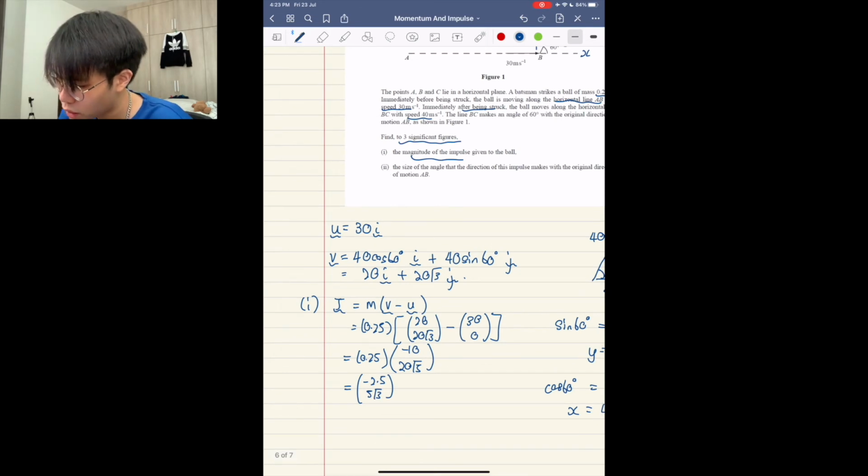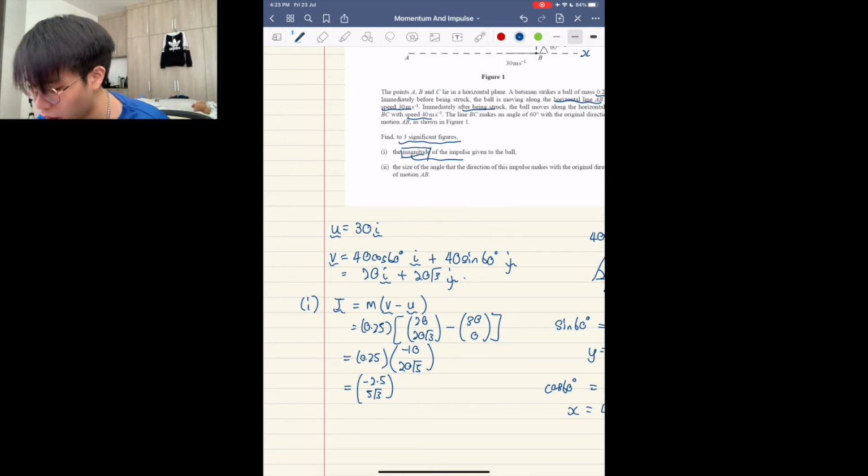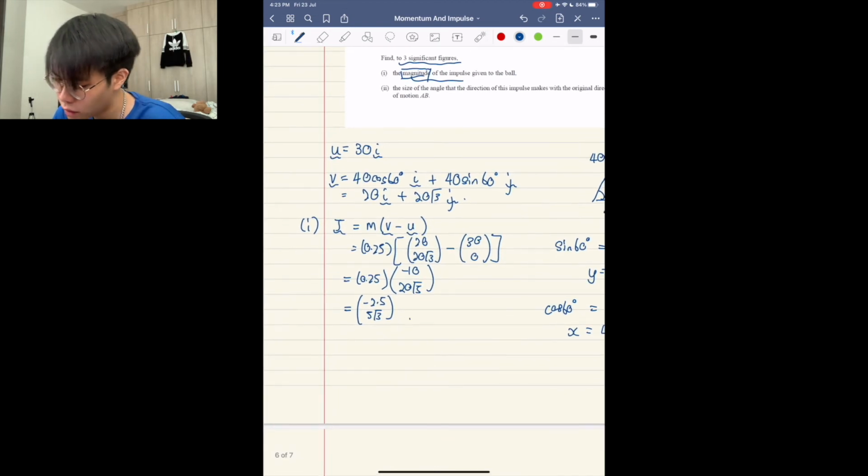Okay, in here it says find the magnitude. So this is not the magnitude, this is in vector form.